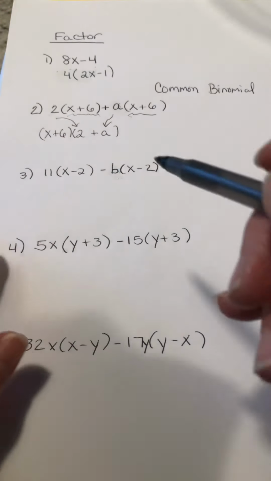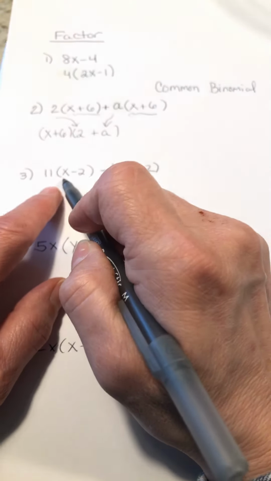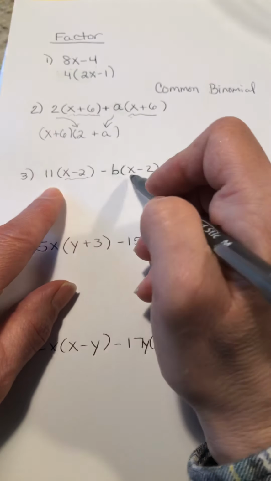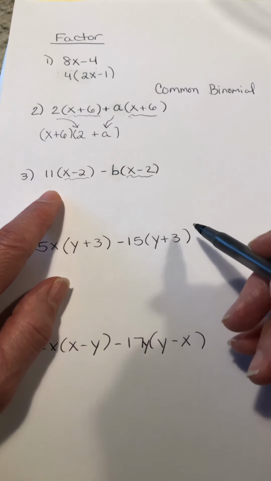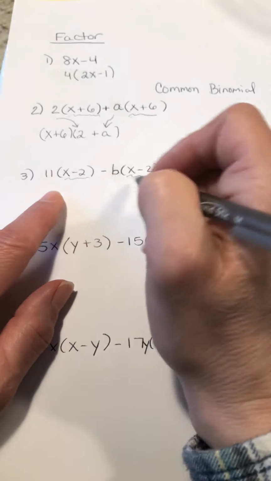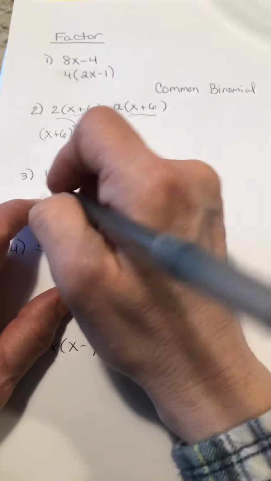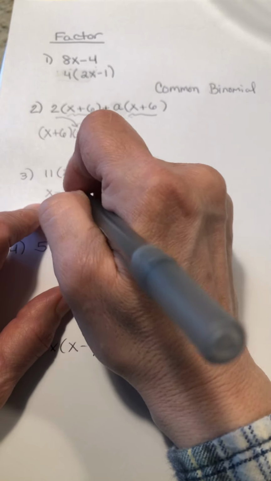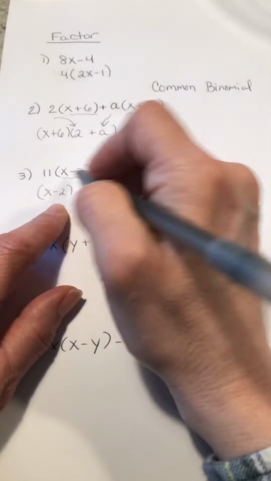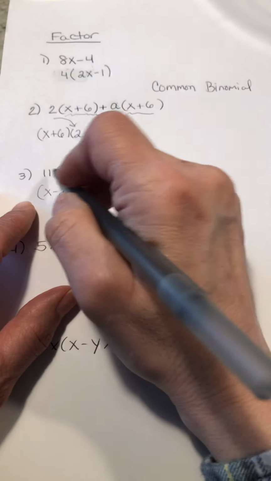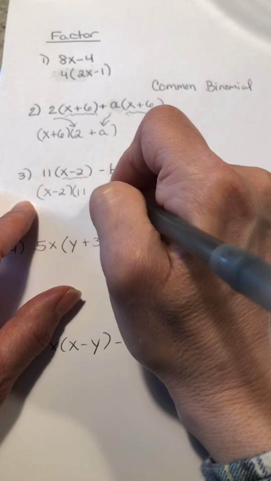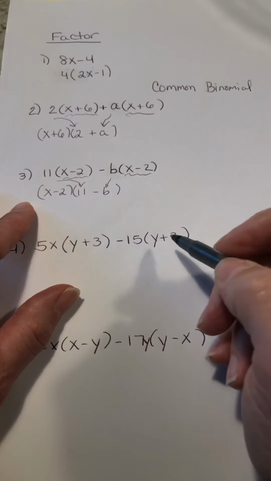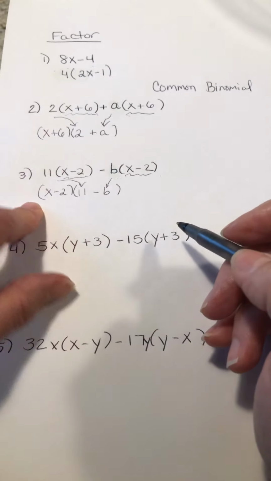So let's try another example. Again here, if you notice, we have a binomial x minus 2 that is in both terms. So I can factor this out by writing my x minus 2 on the left, and then what goes in the next set of parentheses is an 11 minus b. So the 11 comes over here, and the b comes over here.